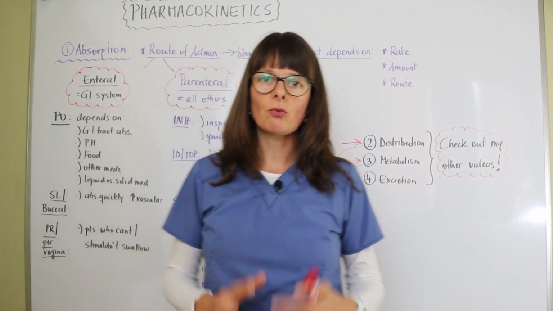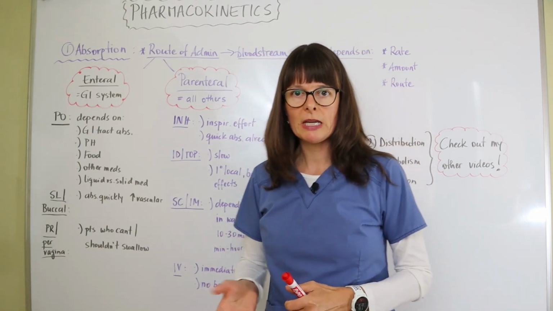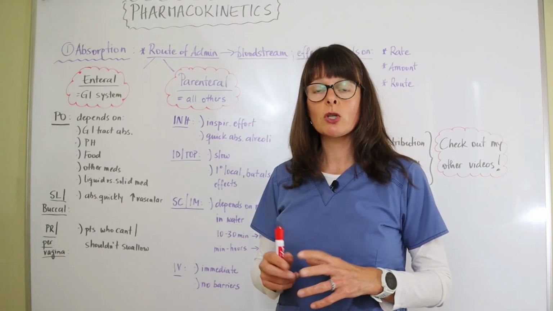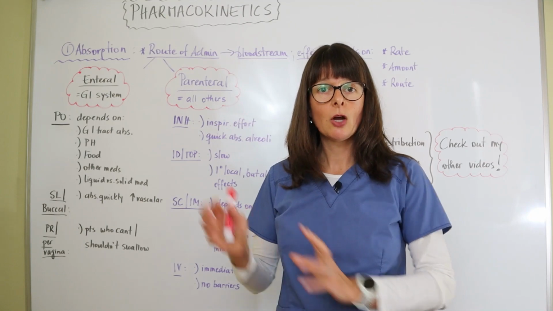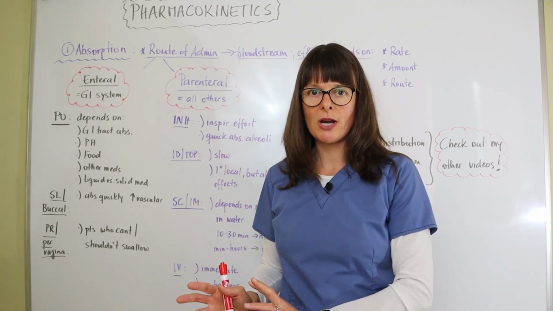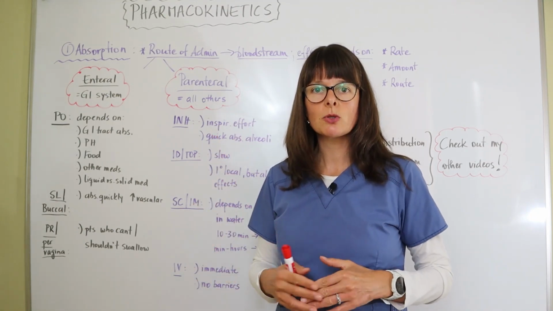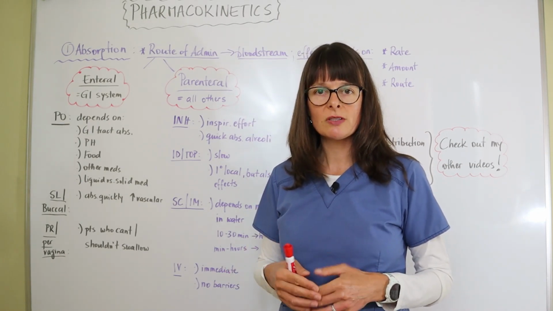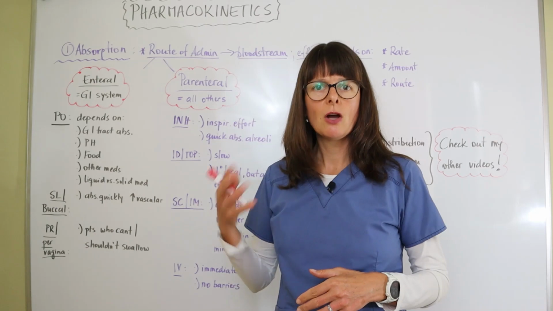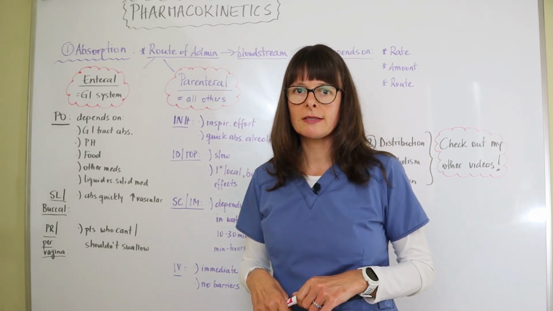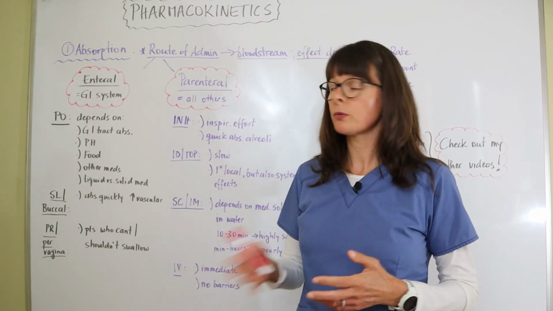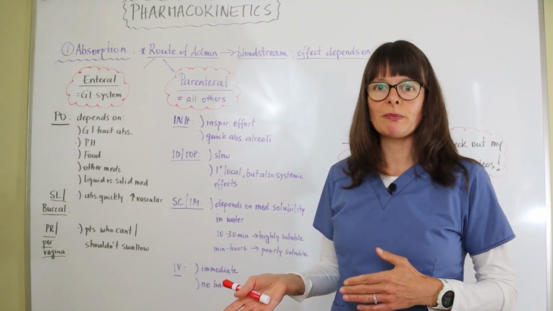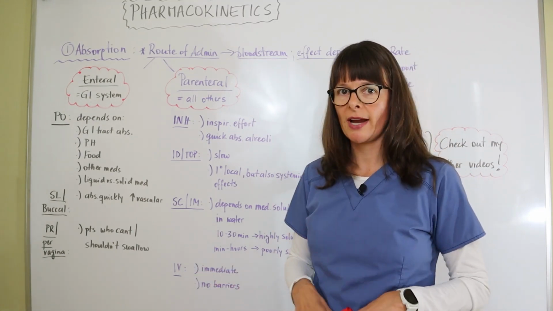When we talk about the route of administration for medications, we always have to distinguish whether it goes through the GI tract or it does not go through the GI tract. So medications that are absorbed through the GI tract are referred to as enteral medications. Think about enteric bacteria back from your microbiology classes. And then parenteral, which is all other methods of administration besides the GI tract.